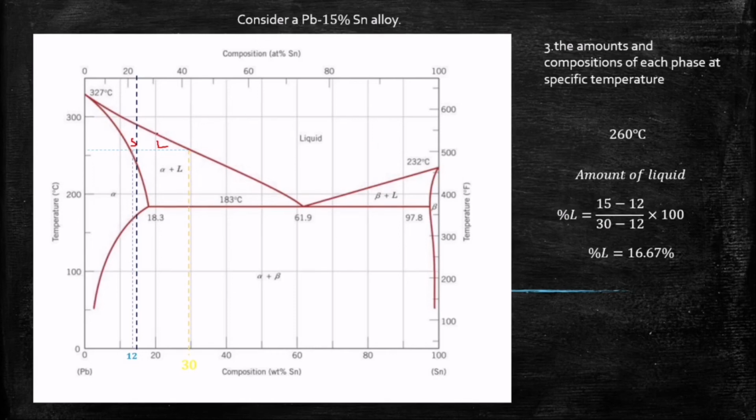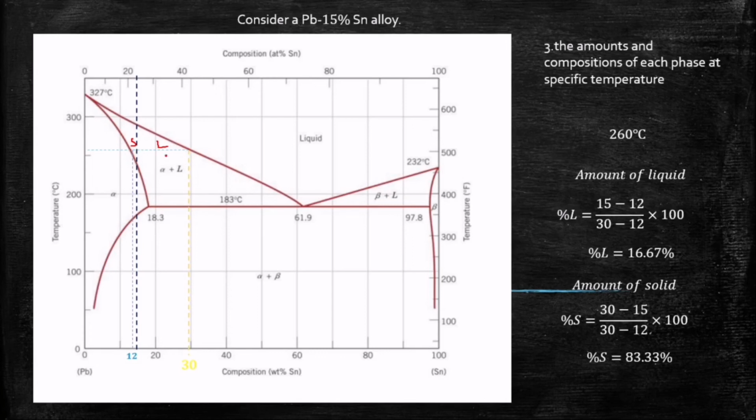So you know that for us to find the liquid, you look at the opposite side. For the solid, you look at the opposite side of the liquid. So that will be 30 minus 15 all over 30 minus 12, and that will give you 83.33%.